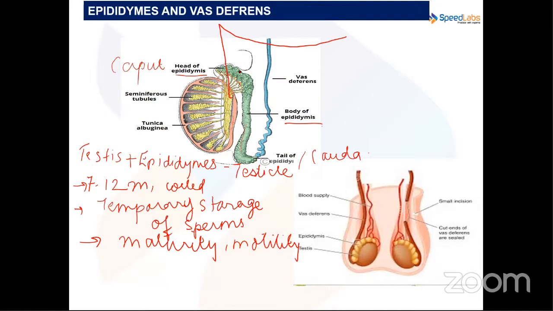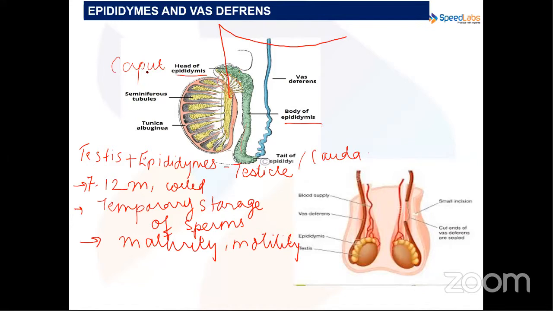So in order for the sperms to be active, they travel in the epididymis, which is the temporary storage, then to the vas deferens, which is the secondary storage. Then they meet the secretions of the various glands. All those secretions get added, and when they are ejaculated into the female reproductive tract, they develop the ability to swim.